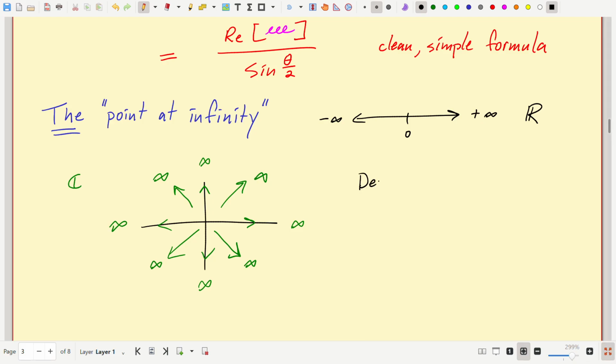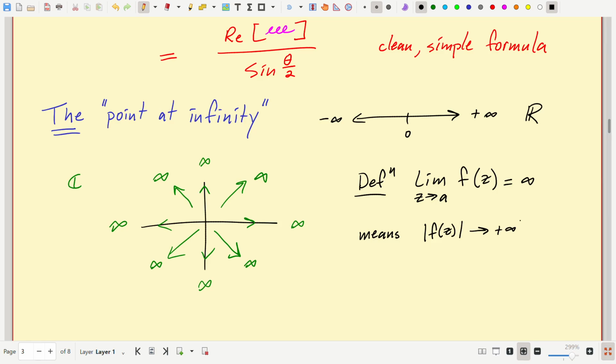So the definition here is: the limit as z tends to a of f of z is equal to the point at infinity is going to mean that the modulus of f of z goes to plus infinity in the real sense as z tends to a.